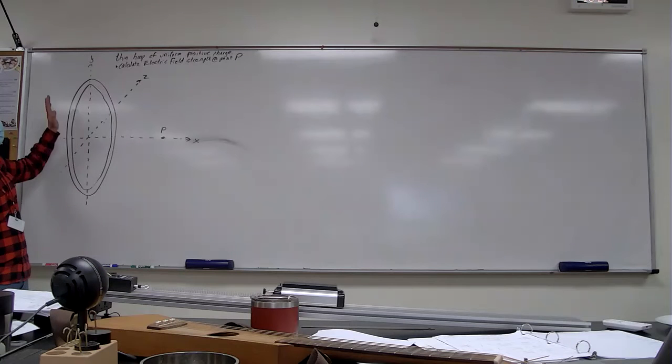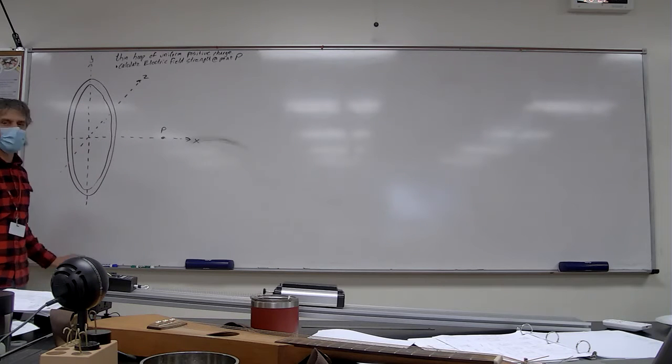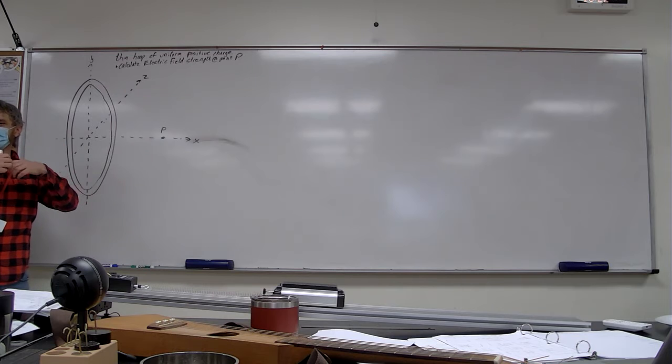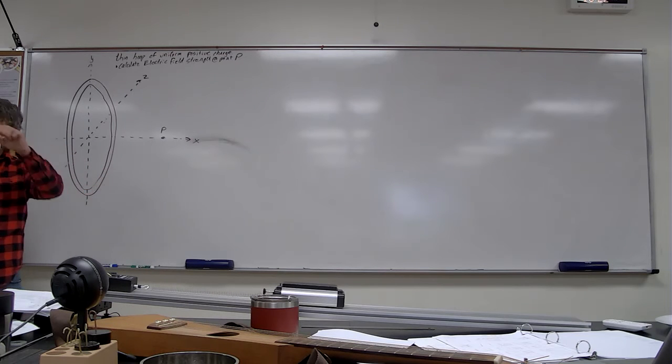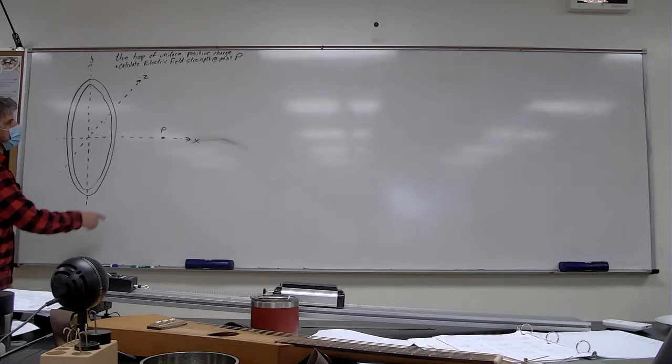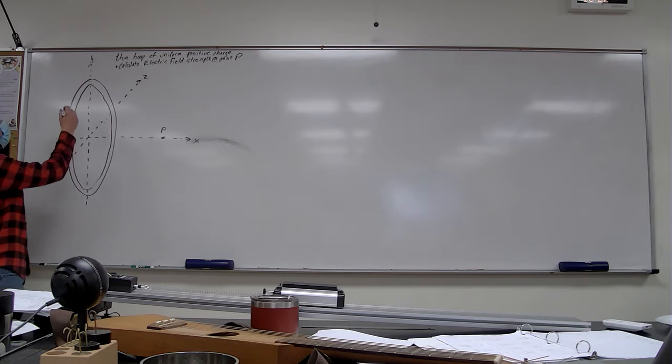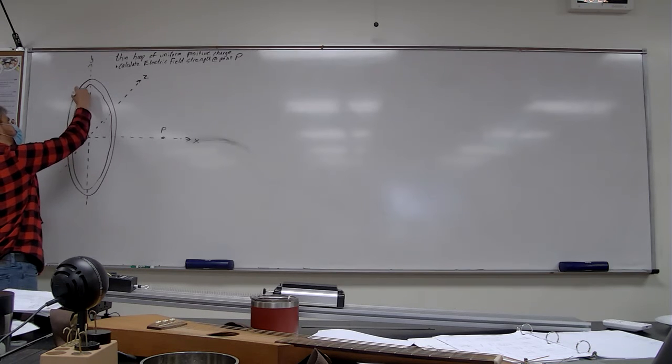So we're going to figure out the electric field due to this thin hoop. Thin meaning dimensions don't really matter. We just consider it to be a line of charge that's curved into a hoop. And we want to know the electric field strength here. So as usual, I diagram the situation. I draw a little representative dQ.